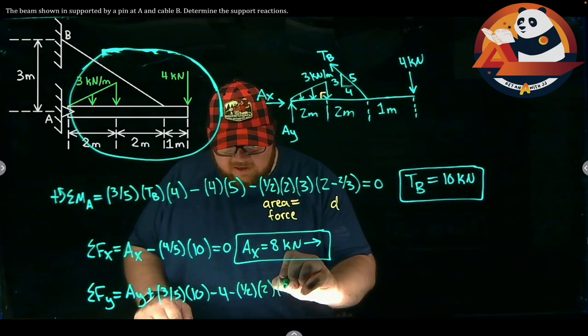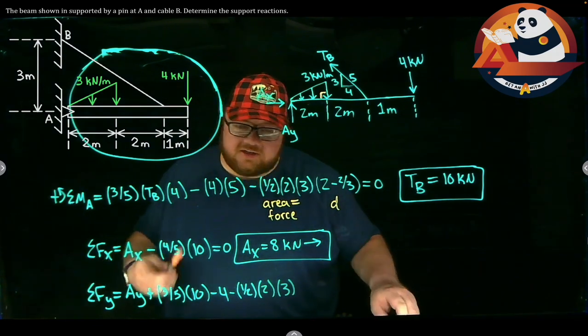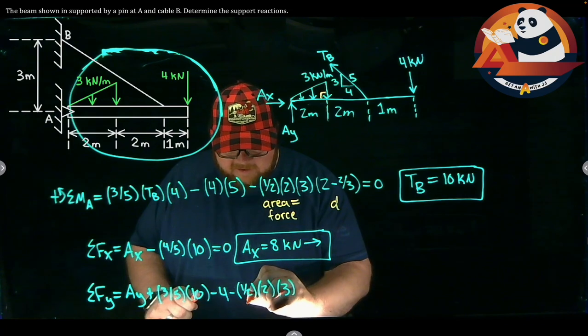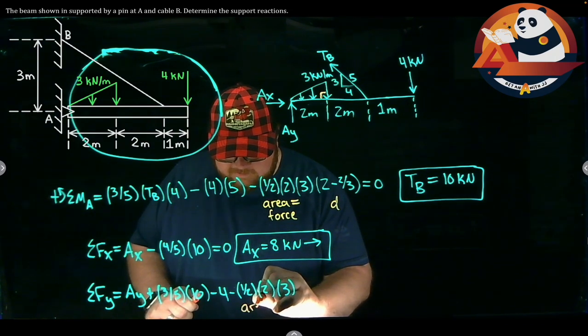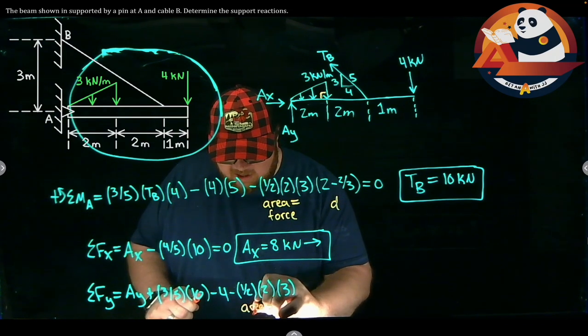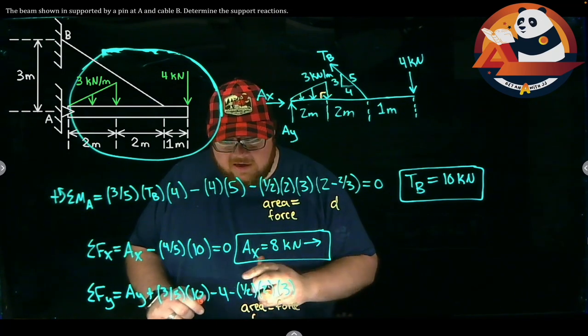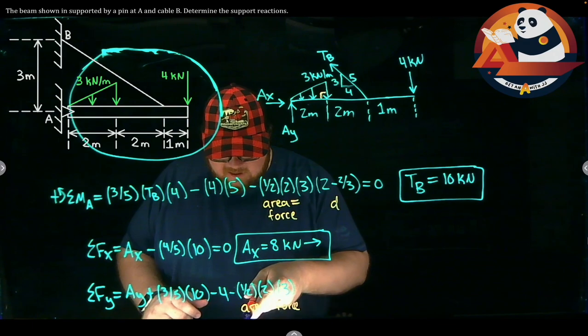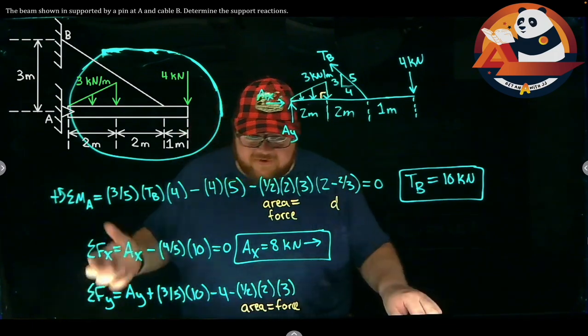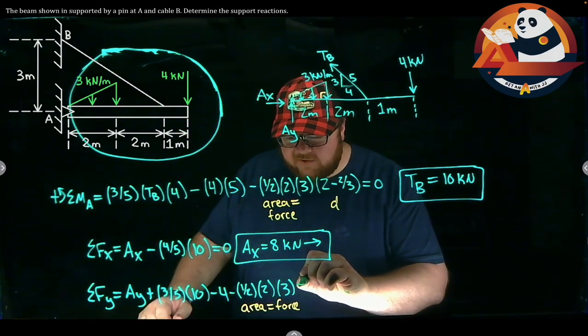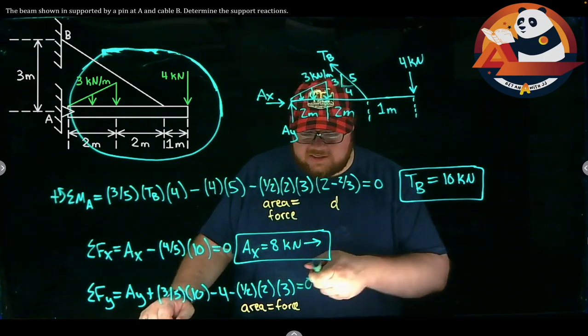1/2, 2 times 3. Again, just because everyone struggles with this when we start out, this is the area of my distributed load, and it is telling me what's the force. Area equals force for a distributed load. So just find the area. But that's everything. We can set this equation equal to 0.